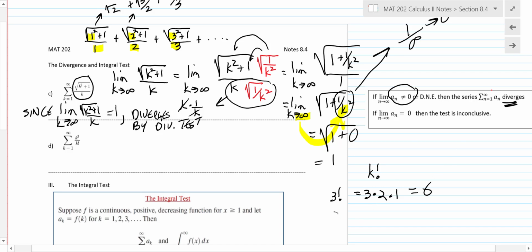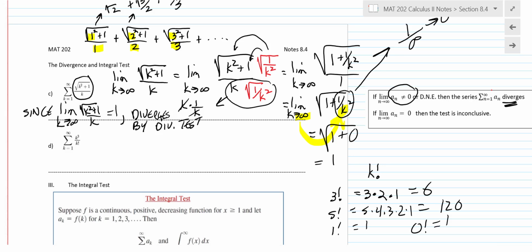If you had 5 factorial, that would be 5 times 4 times 3 times 2 times 1, which is 120. And 1 factorial is 1, and 0 factorial is 1 by definition. We're going to get into that and start seeing it more and more. I just want to give you the idea of what that is first of all.